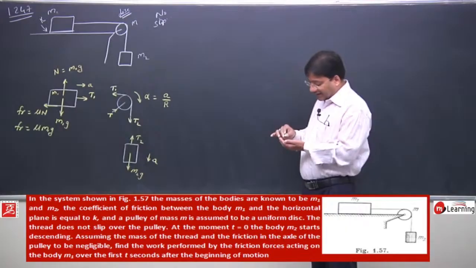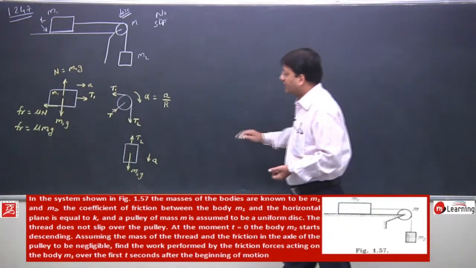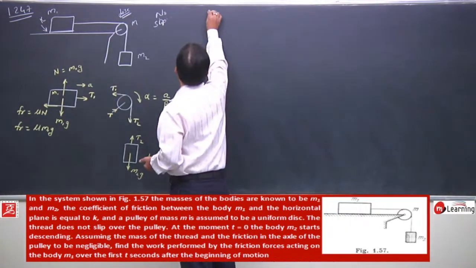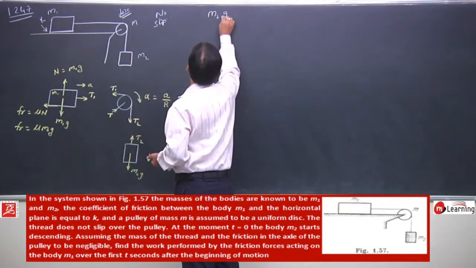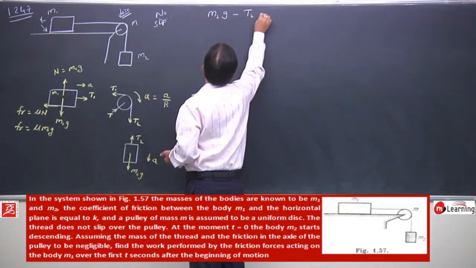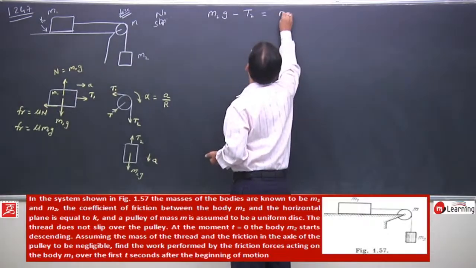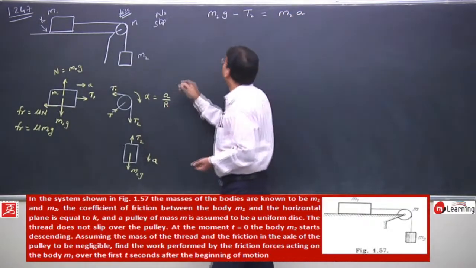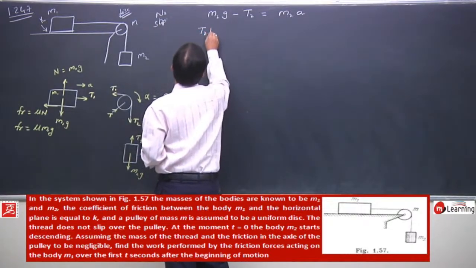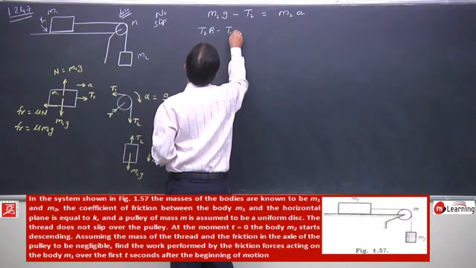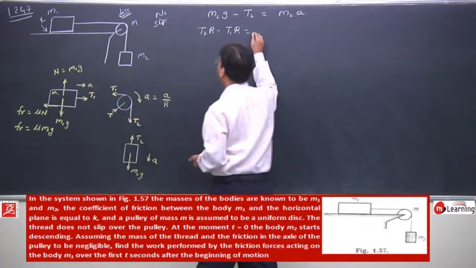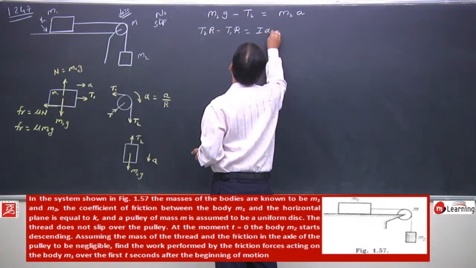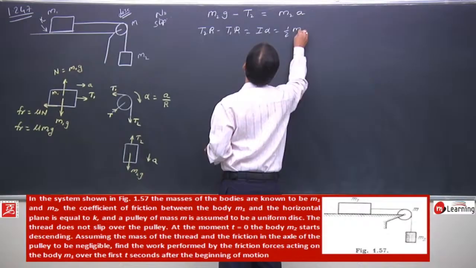I would write equations now. For this mass, m2g minus T2 is equal to m2a. For this pulley, T2R minus T1R is equal to I alpha.